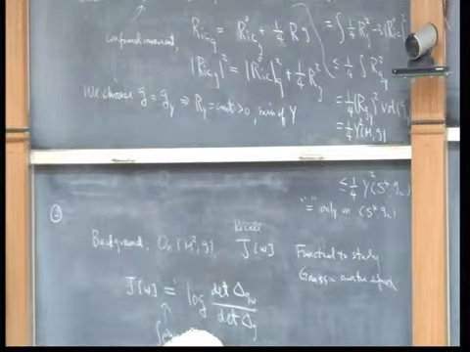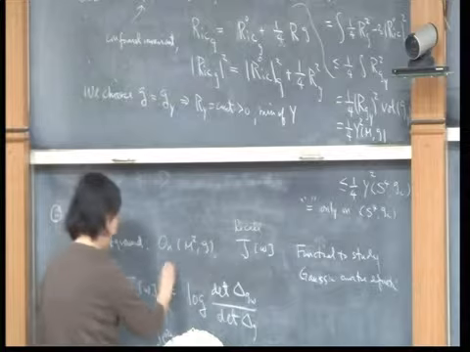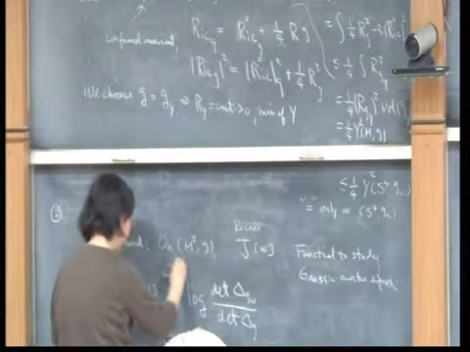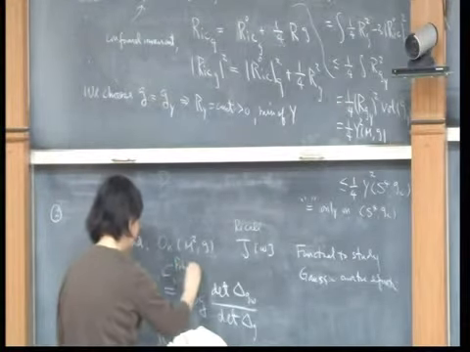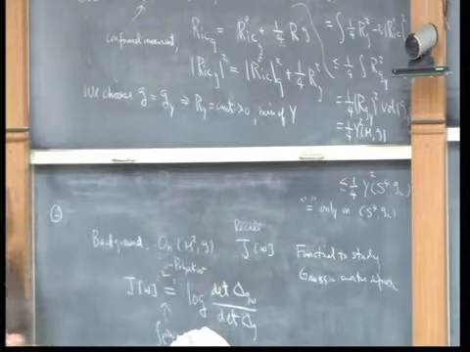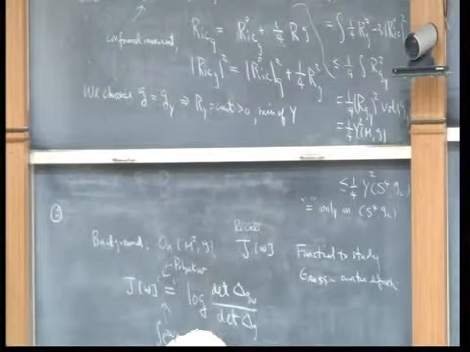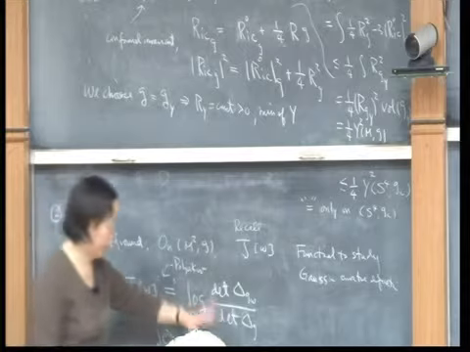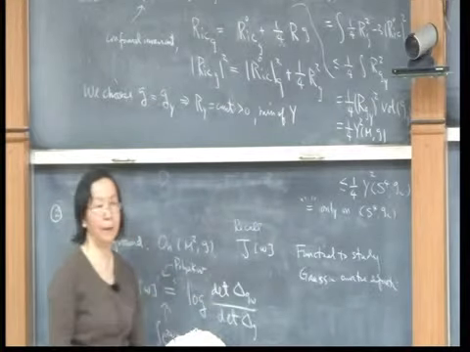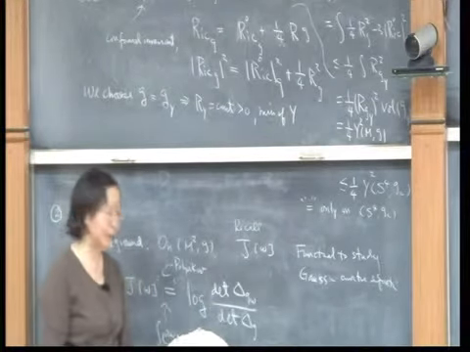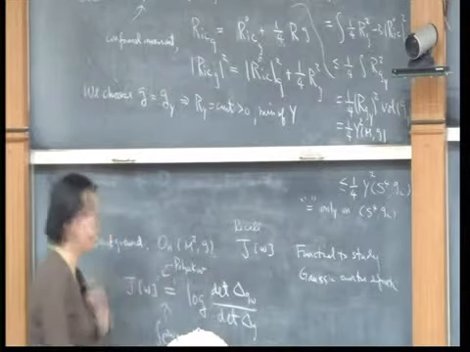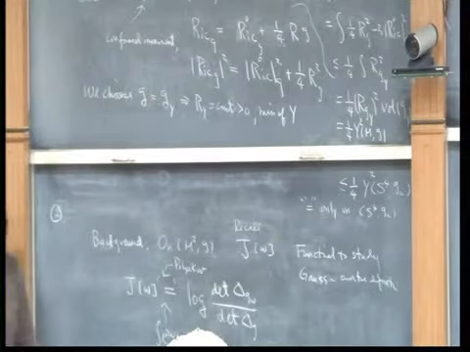This computation was done by Polyakov, and it is called the Polyakov formula. I will not go into detail on how to define the determinant of the Laplace operator, but the quotient of that is this functional J of W.